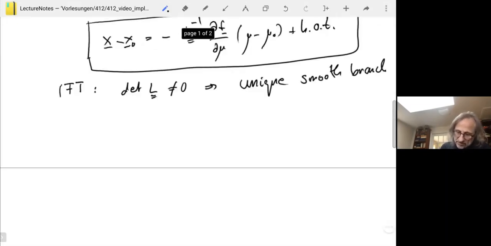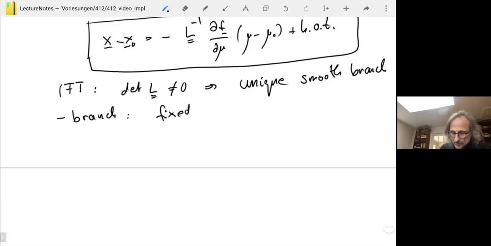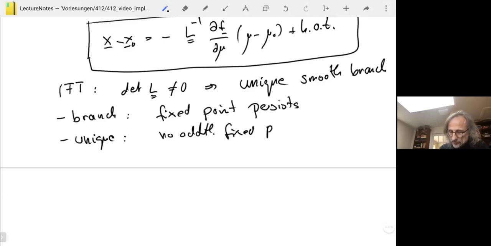That means particularly that we have a branch. That means the fixed point persists as we change mu, and it's unique. No additional fixed points pop up. That's the key statement.